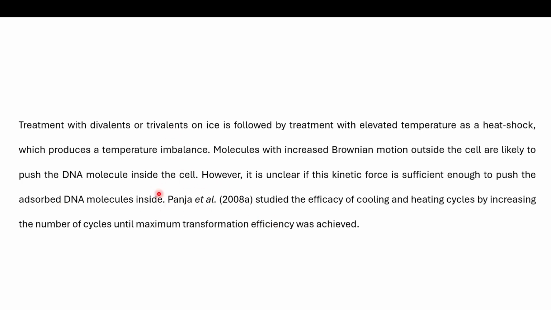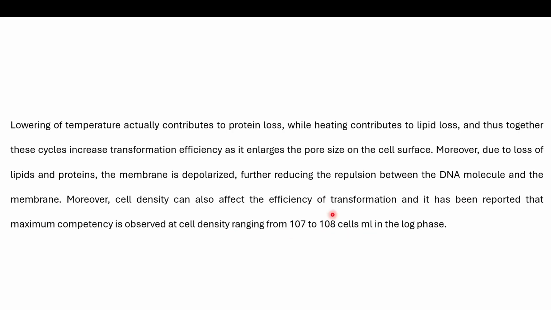Now, this particular study, this divalent trivalent treatment and temperature shock, on how exactly cells are made competent, was done by this group in 2008. They studied the efficacy of cooling and heating cycles by increasing the number of cycles until maximum transformation efficiency was achieved.